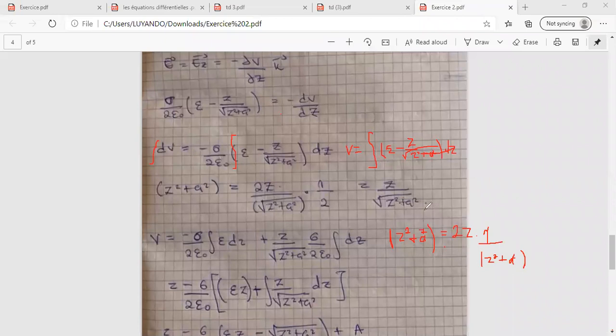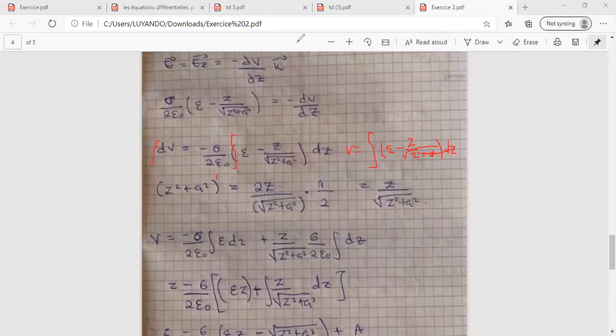Oh yes, okay. So let me start explaining this again. Sorry about that. I have to integrate this expression here, and I know that the derivative of the expression z squared plus a squared is equal to 2z.